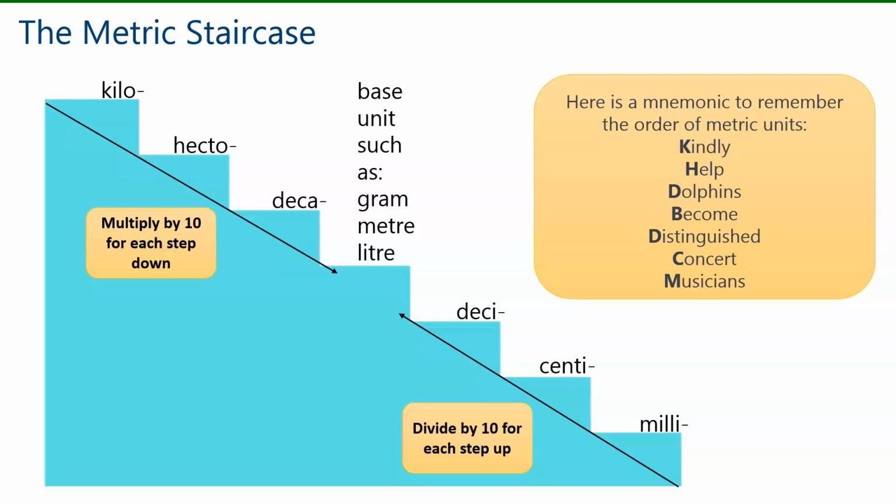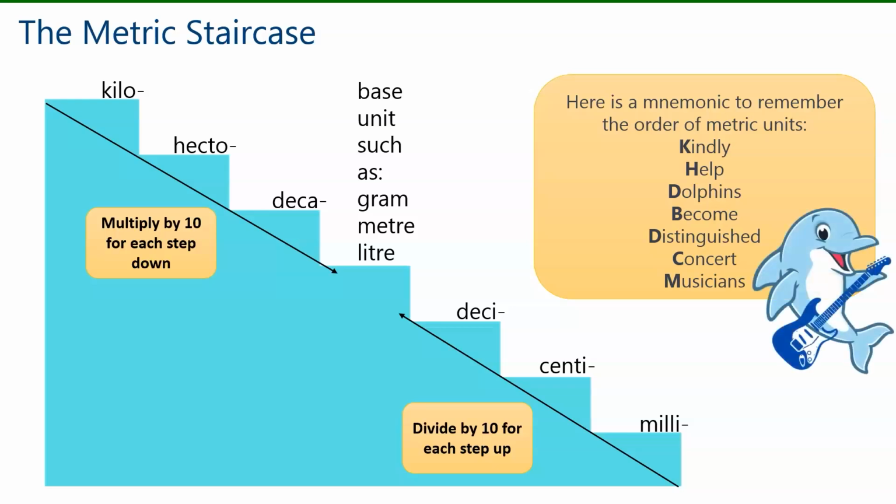Here's a mnemonic to help you remember the order of the metric units. And it is, kindly help dolphins become distinguished concert musicians, where the first letter in the mnemonic stands for one of the units on the metric staircase. The K in kindly, for example, stands for kilo. The H in help stands for hecto. The D in dolphins stands for deca.